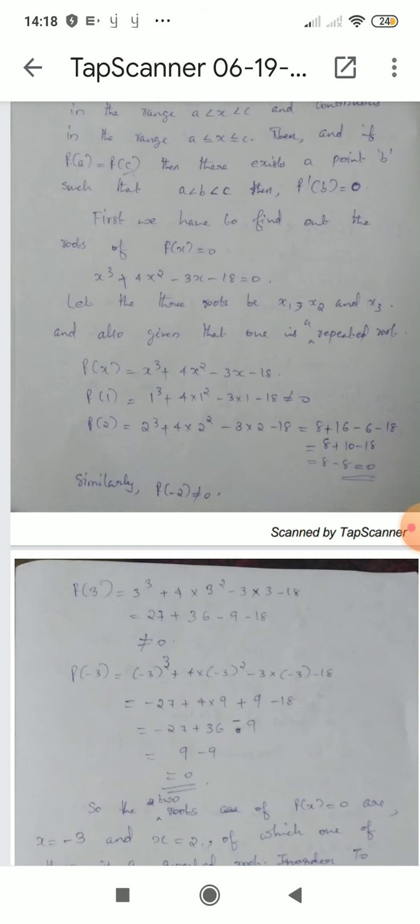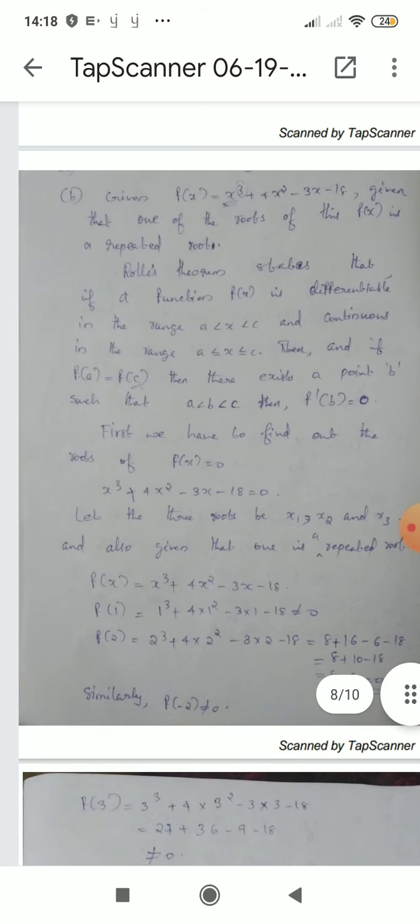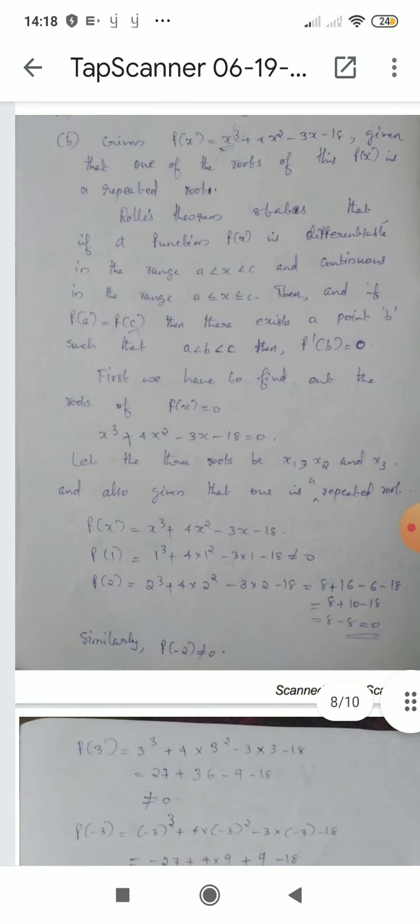Here I already stated Rolle's theorem. If you want you can read. I already explained the beginning, some things, Rolle's theorem, questions. So better we continue to find out the roots of f of x is equal to 0.